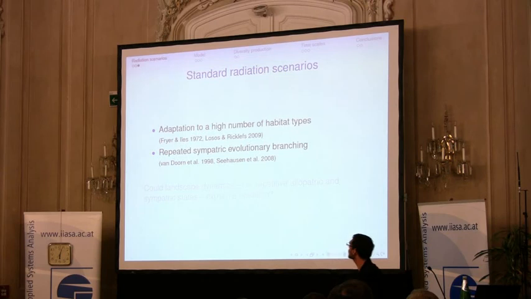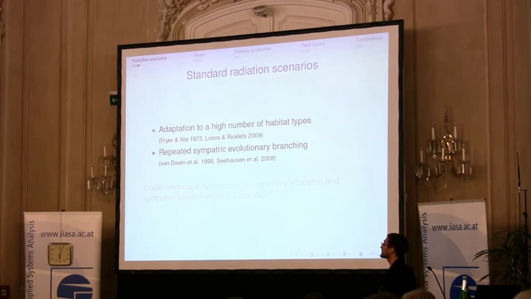So there are mainly two scenarios to explain the radiation of cichlids in the Great African Lakes. The oldest says that each species is a result of an adaptation to a specific habitat. However, this scenario seems to be unlikely, given that it's difficult to imagine enough differentiated habitats to explain the huge diversity in these lakes. Another scenario says that evolutionary branching occurs repetitively in sympatry.